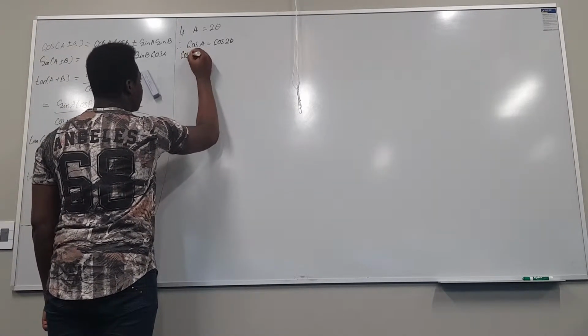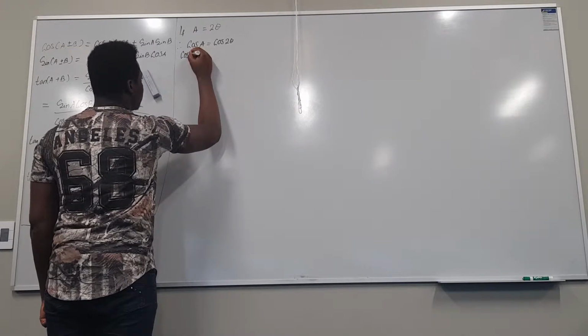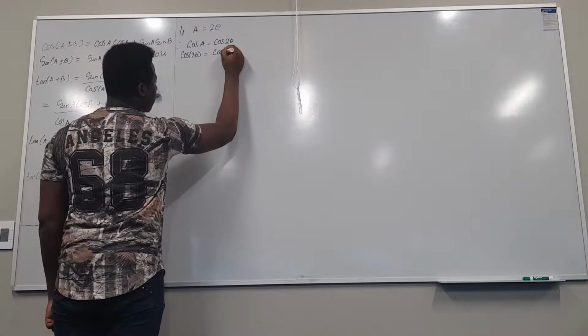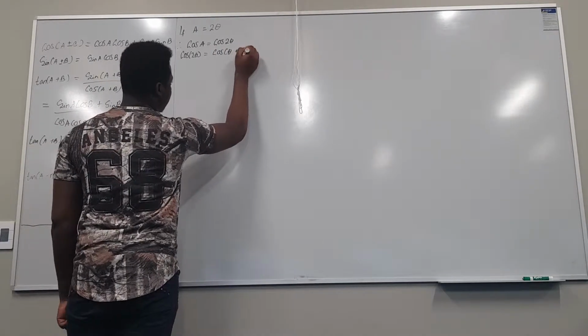Cosine 2 theta is equal to cos of this plus this, right?